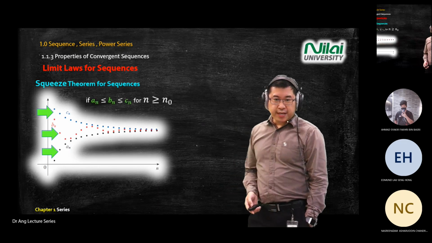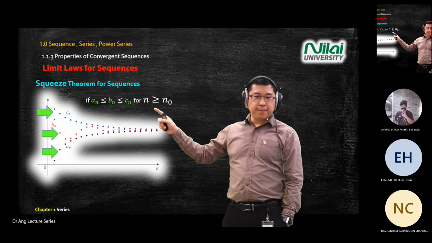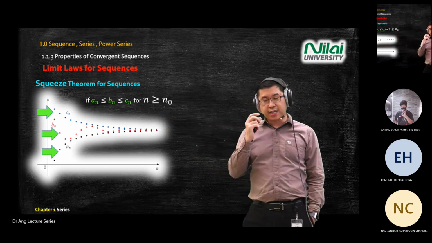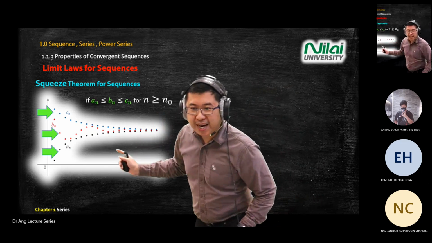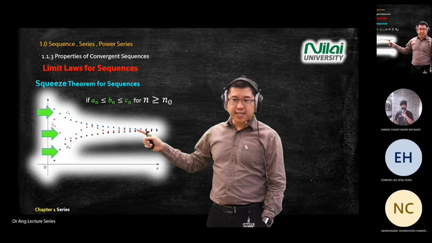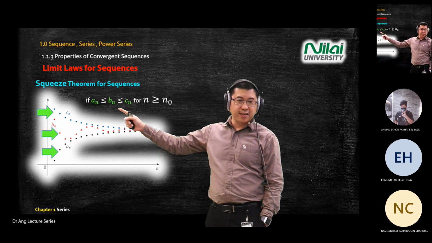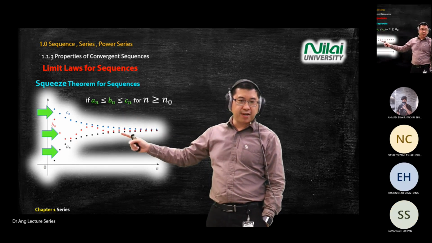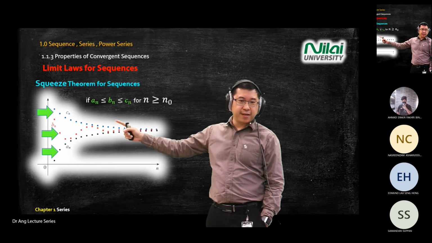So what do I mean by the squeeze theorem? We have 3 sets of data there. There is an explanation for that. The black color a_n is smaller than b_n. Try to relate the mathematical model and the graph. a_n data is smaller than b_n data.